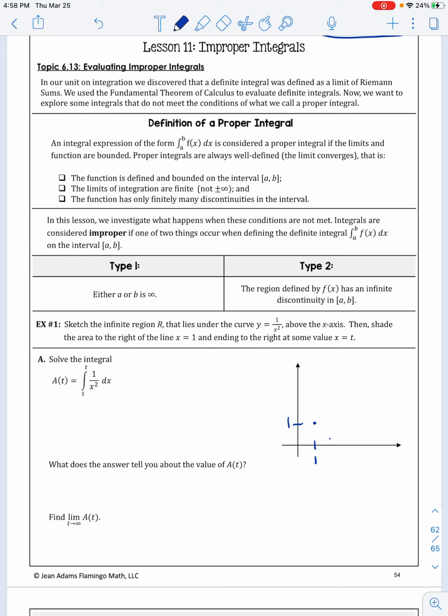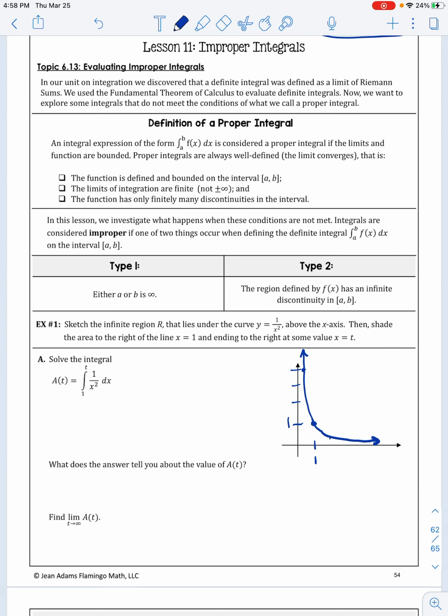If I put a 1/2 in, I get 4. That was my point (1/2, 4). This was my point (2, 1/4), along with my point (1, 1).